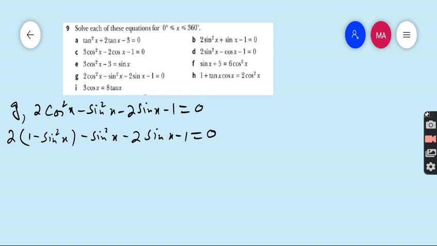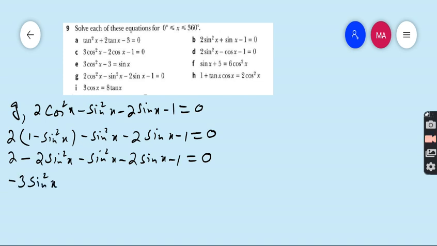Multiply 2 by 1, 2 into sin square x. Now minus 2 sin square x and minus sin square x is minus 3 sin square x, minus 2 sin x. 2 minus 1 is plus 1, is equal to 0.